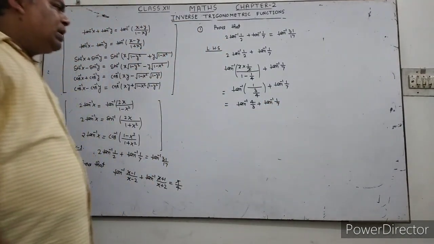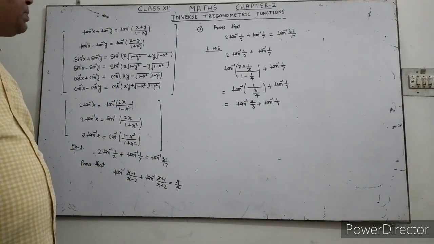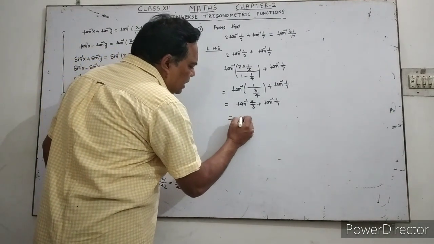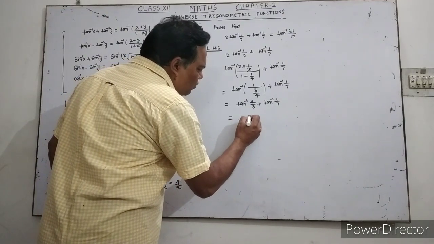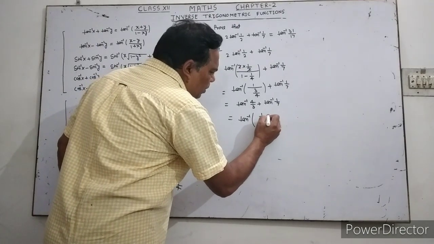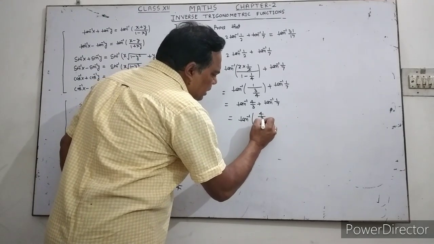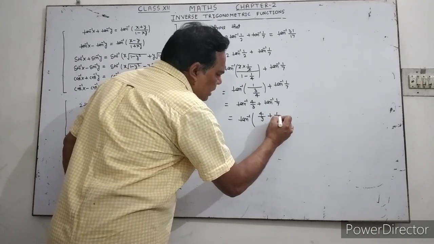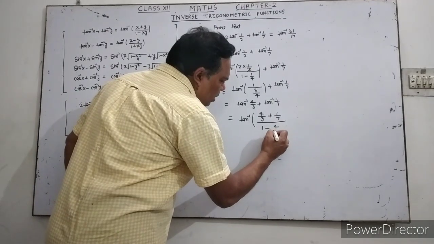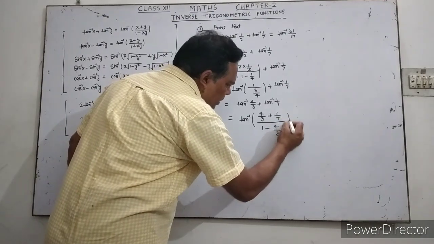Now, what is the formula for tan inverse x plus tan inverse y? Tan inverse of x plus y upon 1 minus xy. Here x plus y means 4 by 3 plus 1 by 7, upon 1 minus xy, which means 1 minus 4 by 3 into 1 by 7.